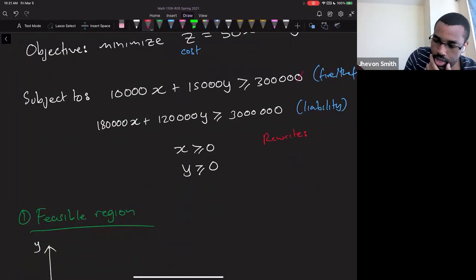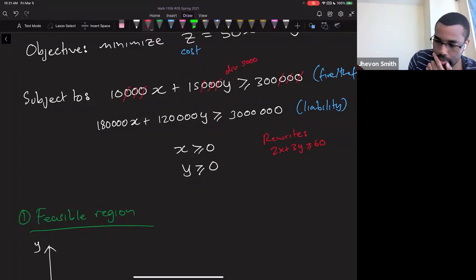For this one, notice that I can divide both sides by 1,000, and then divide again by 5. So I'm going to divide this by 5,000, and that would leave me with 2x plus 3y is greater than or equal to 60.